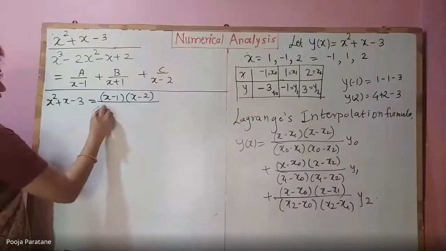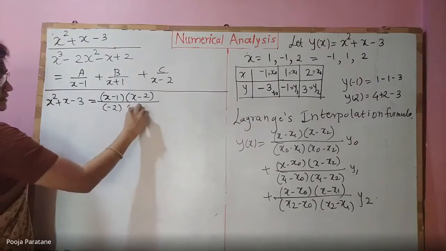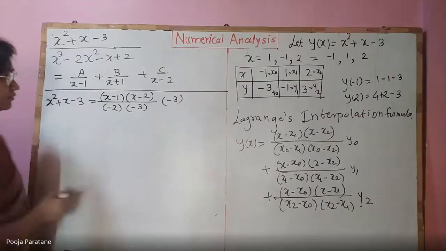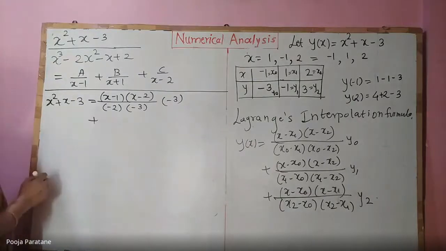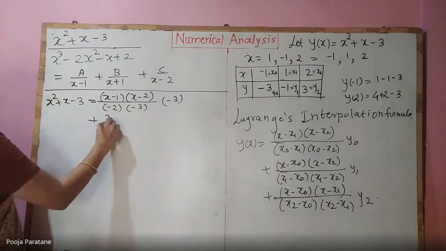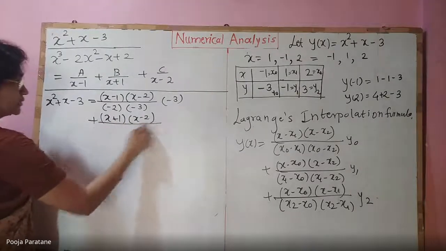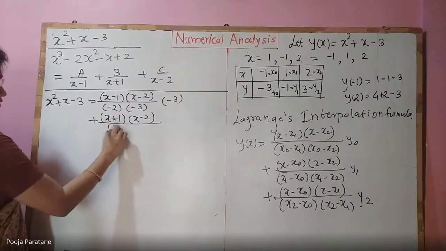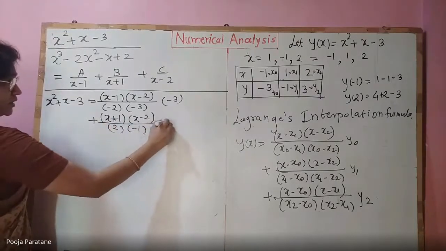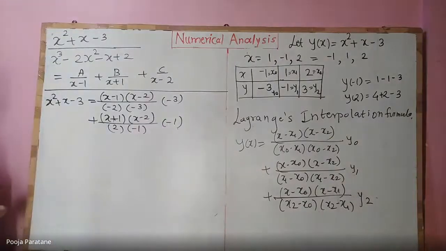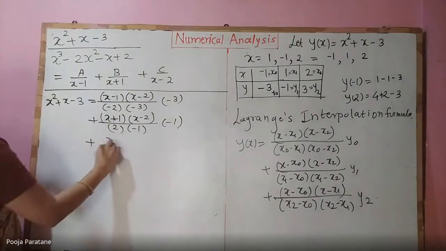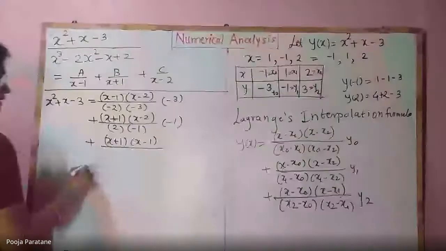Here it is minus 2 and minus 3, and the corresponding value of y0 is minus 1 plus. The value of x1 is 1, so here it is 2 minus 2, and the value of y1 is minus 1 plus. The value of x2 is 2, 3, 1 and y2 is 3.